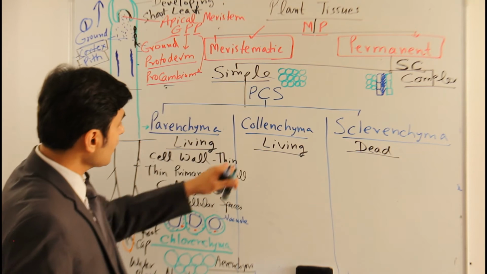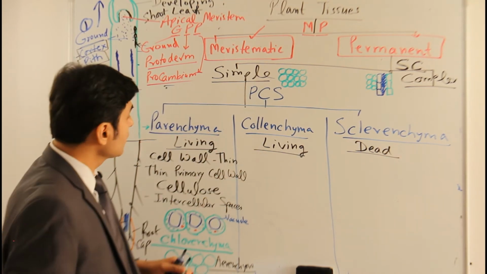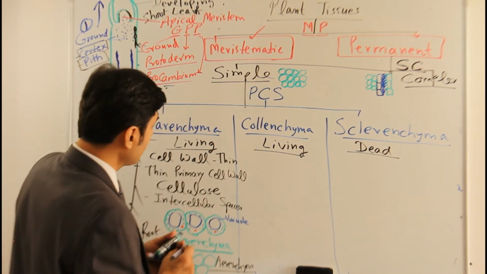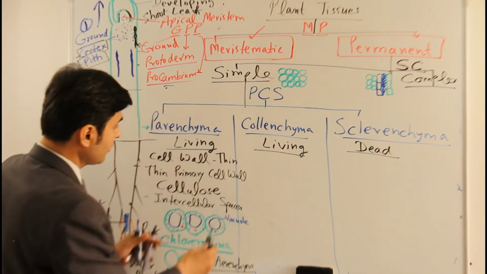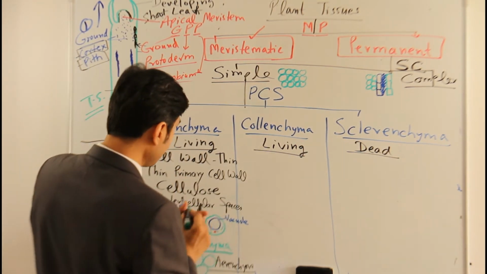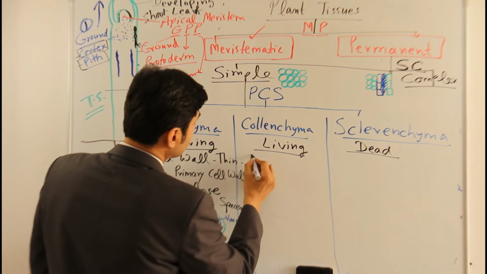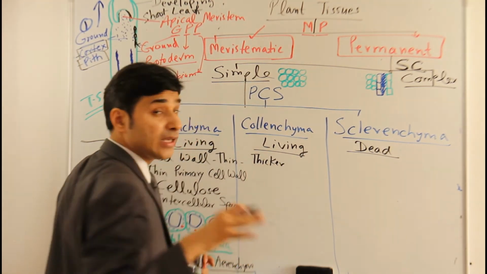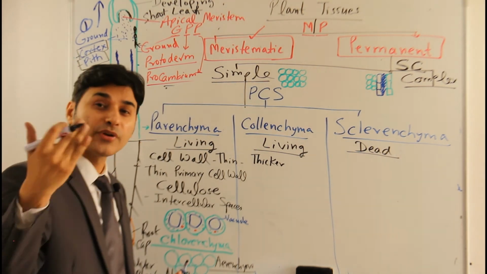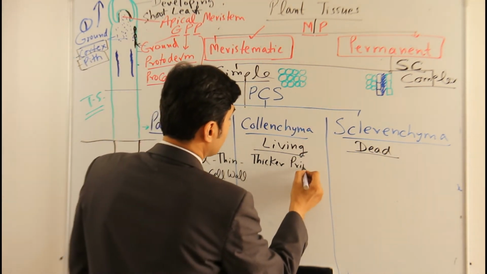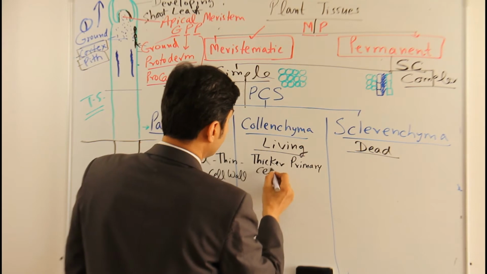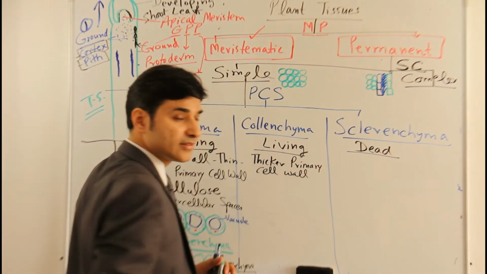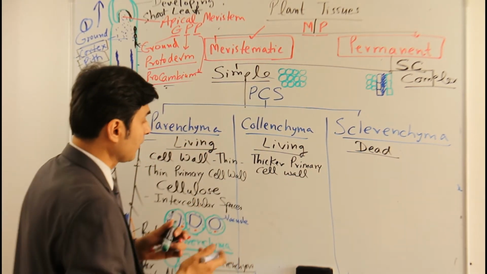Now collenchyma. Collenchyma is the same type of tissue, but here the cell wall is thicker: a thicker primary cell wall, no secondary cell wall. The cell wall is thicker than in the parenchyma.